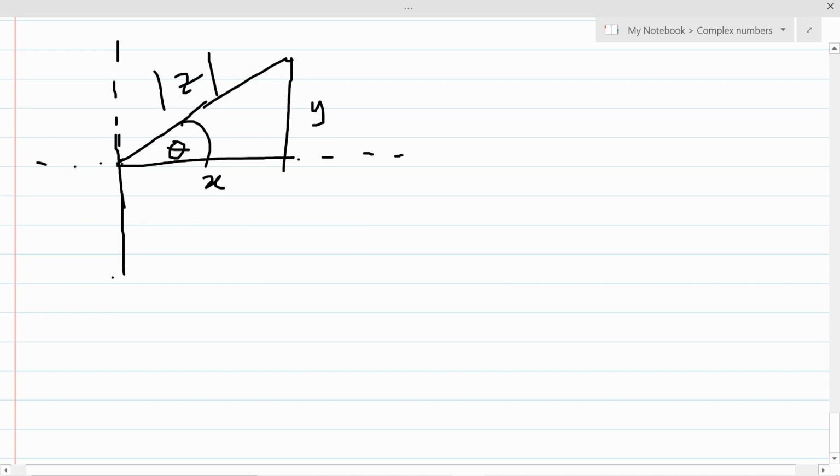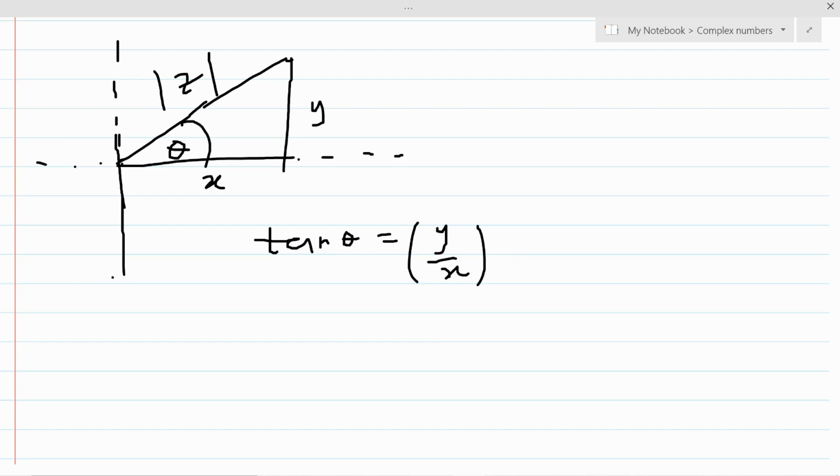Now if that is the case, then I can write y and x, or the imaginary and the real parts, in terms of the angle and the modulus. From Pythagoras theorem, tan of theta is equal to y over x.